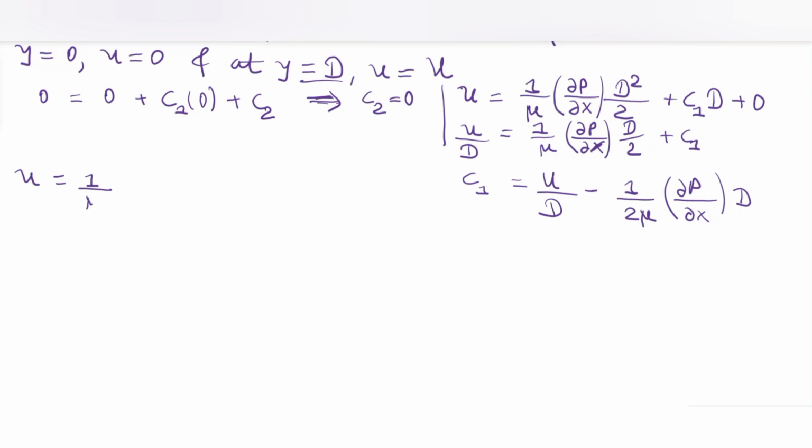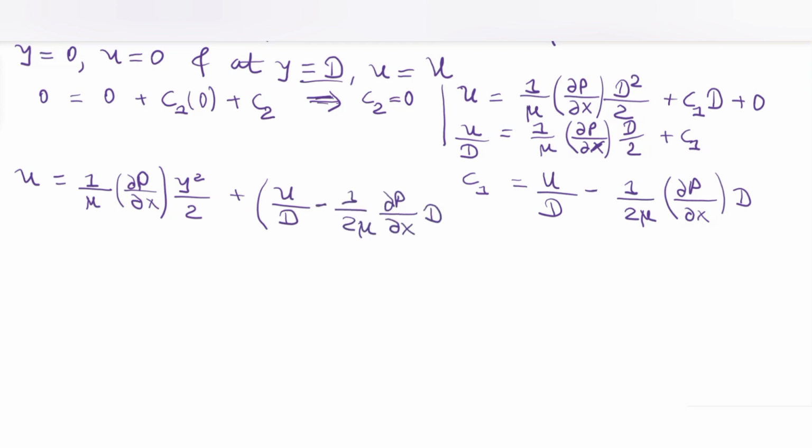So we get u is equal to 1/mu del p by del x y square by 2 plus U by d minus 1/2mu del p by del x into d, whole multiplied by y plus 0, because c2 is 0.